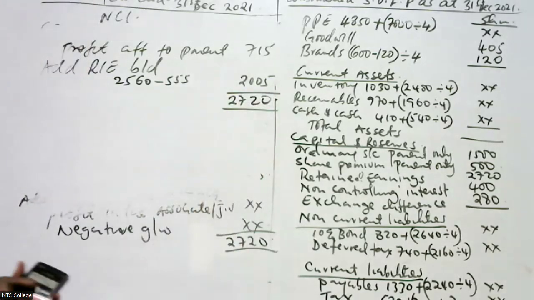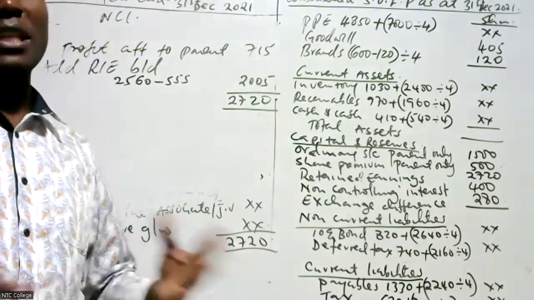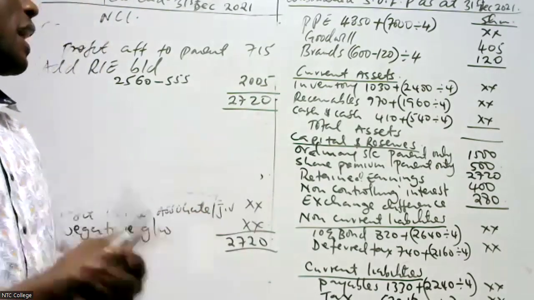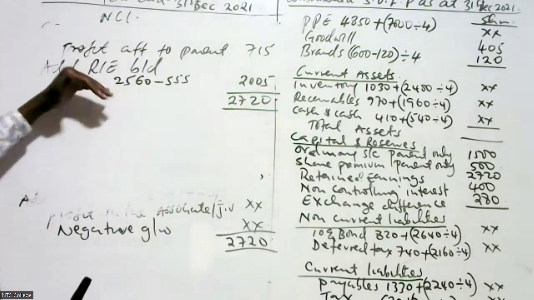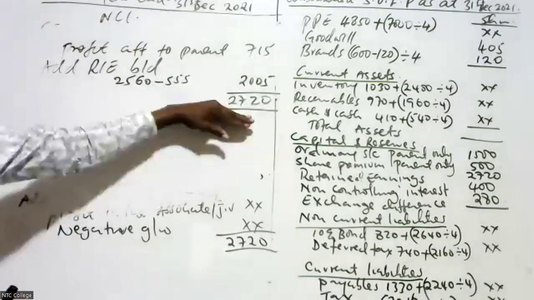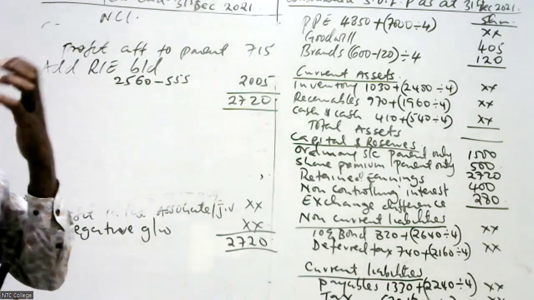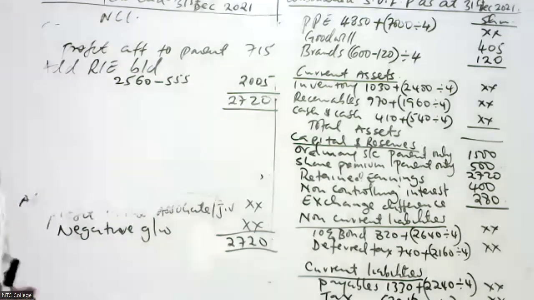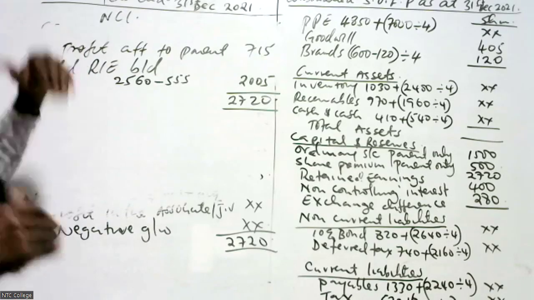Therefore, remember, examiner mostly will mark the income statement up to profit after tax. Therefore, this one is just addition. If you want to continue, get that. But examiner mostly will mark up to profit for the year. But this one we have added the retained earnings brought forward.